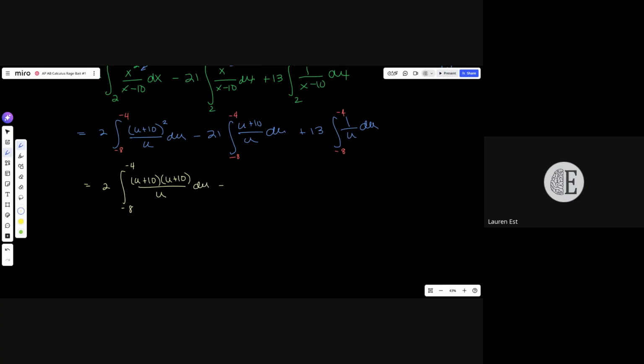Again, I'm doing this really slow on purpose. -8 to -4. I'm going to split this into a u over u du minus 21 integral from -8 to -4, 1 over u, sorry, 10 over u, du.